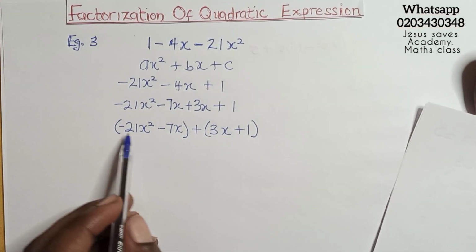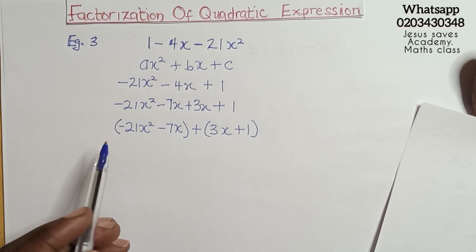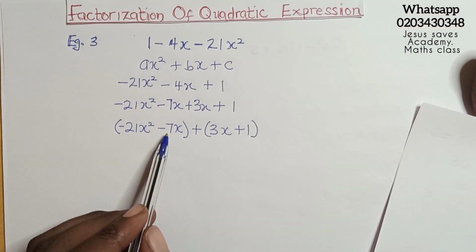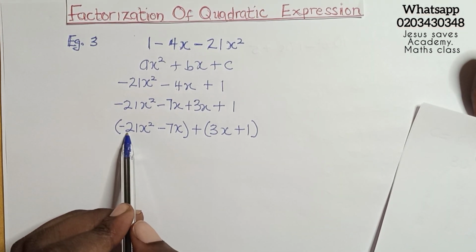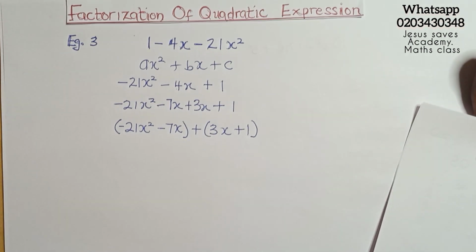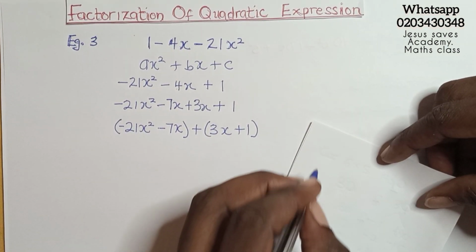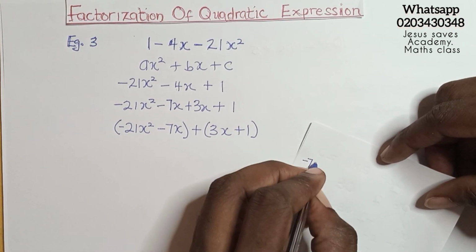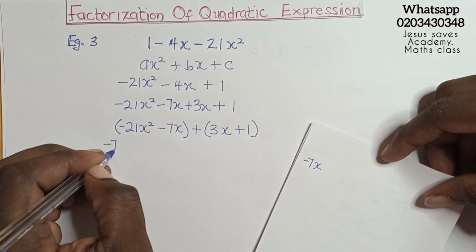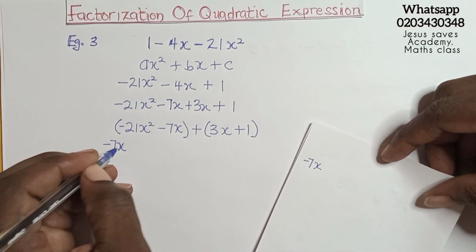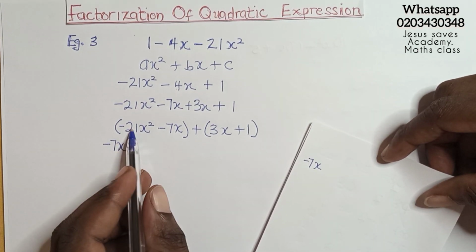The common term here, we have negative, so we can factor the negative outside. We have 7, which can divide 21 three times, and x can divide as well. So our common factor will be negative 7x. We put that negative 7x outside the bracket, then use it to divide the first term.